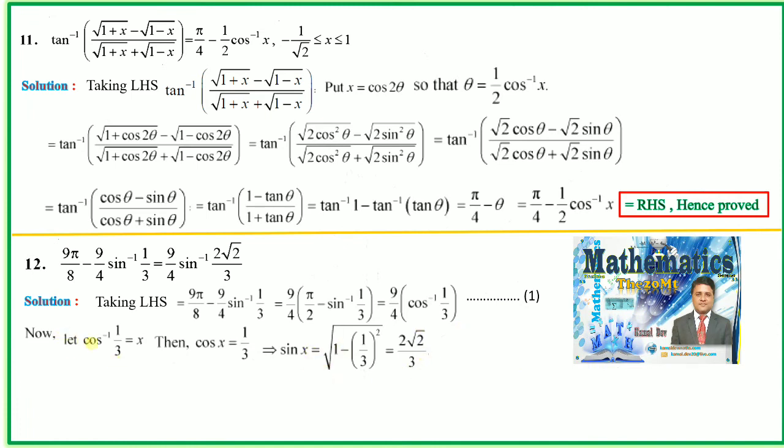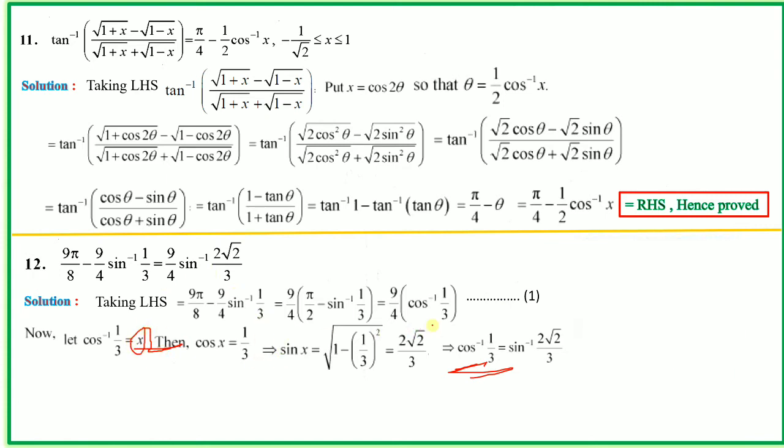What is this? Cos inverse 1 by 3. So cos inverse 1 by 3 is equal to sin inverse 2 root 2 upon 3. How and why? That we have already written here. Cos inverse 1 by 3 is equal to x, and what was x? That you have already understood.